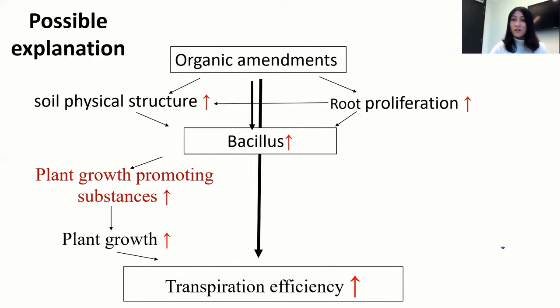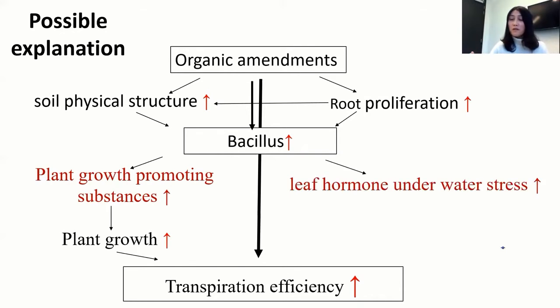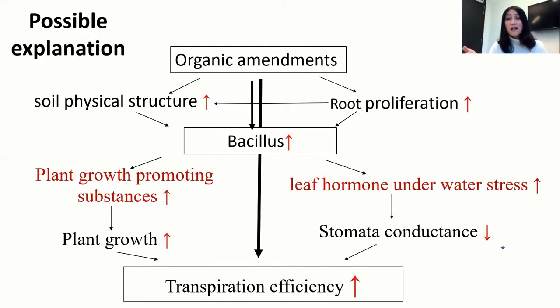On the other hand, there is much evidence suggesting that the inoculation of plant roots with Bacillus can result in an increase in leaf hormones under water stressed conditions. And this can result in more reduction in stomatal conductance, a decrease in transpiration and then an increase in transpiration efficiency. So this is how the increase in the abundance of plant beneficial Bacillus is linked with the increase in transpiration efficiency at plant level.